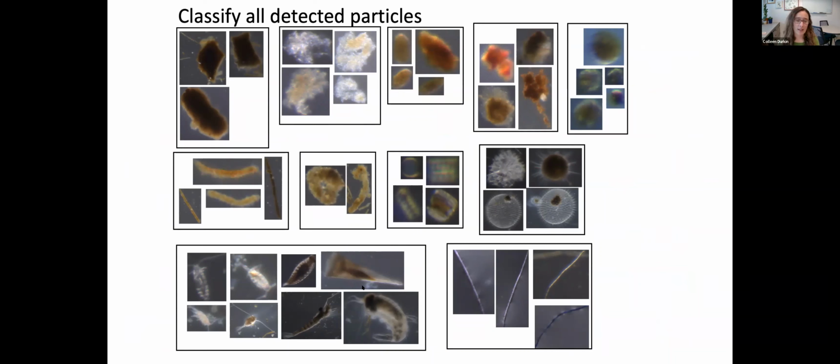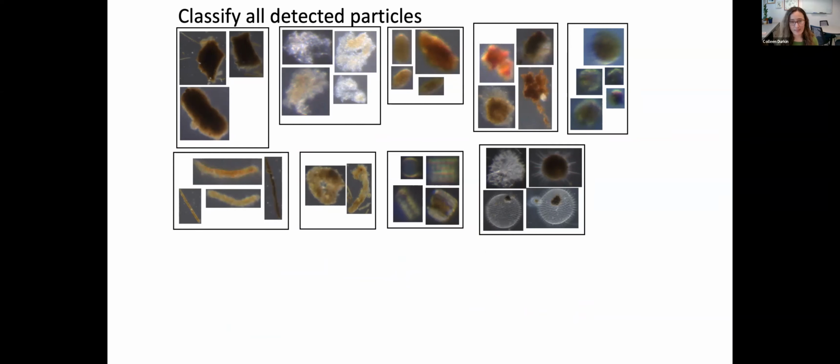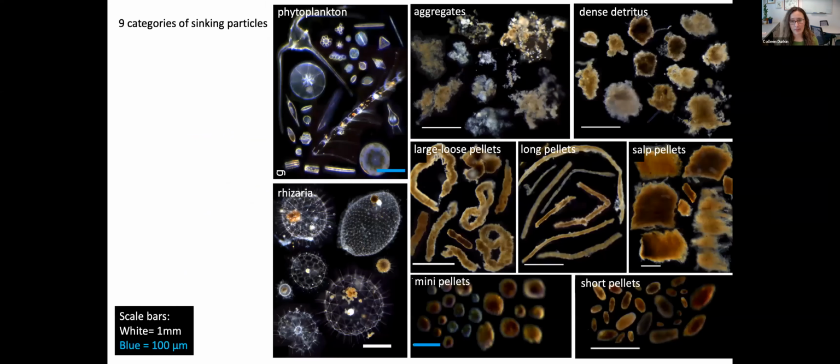So you can see there's some zooplankton that we are pretty sure swam into and got stuck in the gel. There's also these fibers, which we haven't decided what to do with yet. So we exclude the non-passively sinking particles. And what we're left with is these 9 different categories of sinking particles.